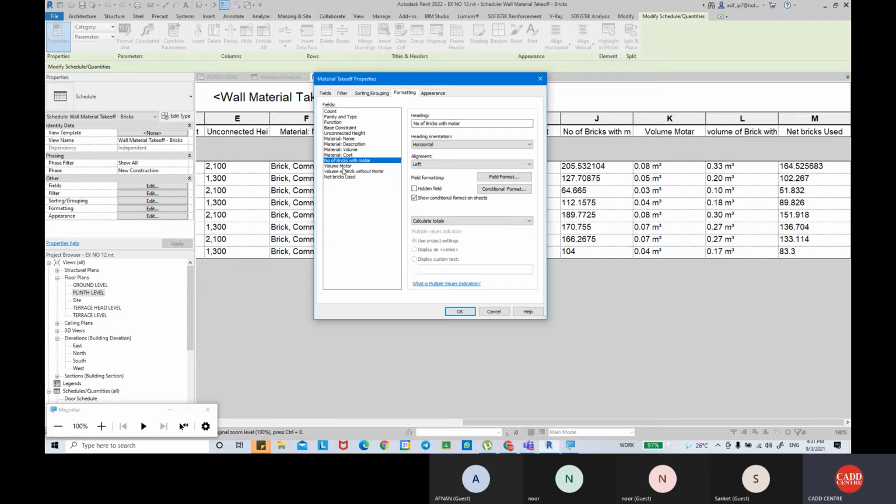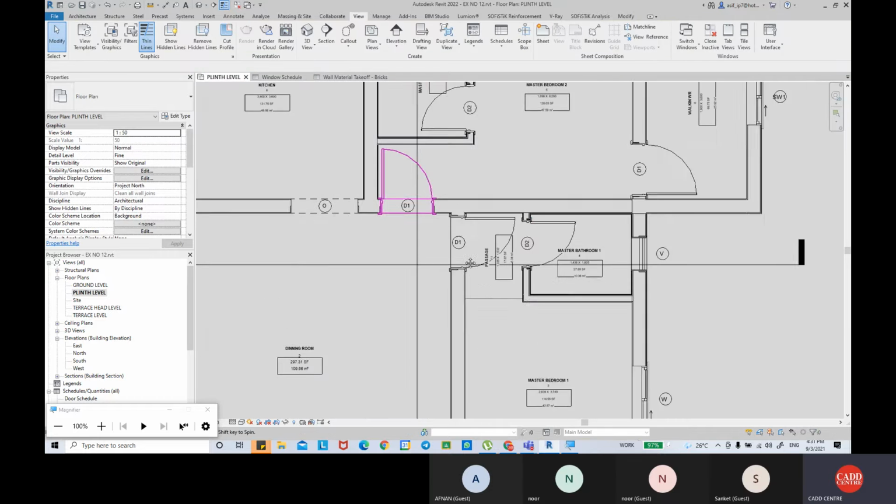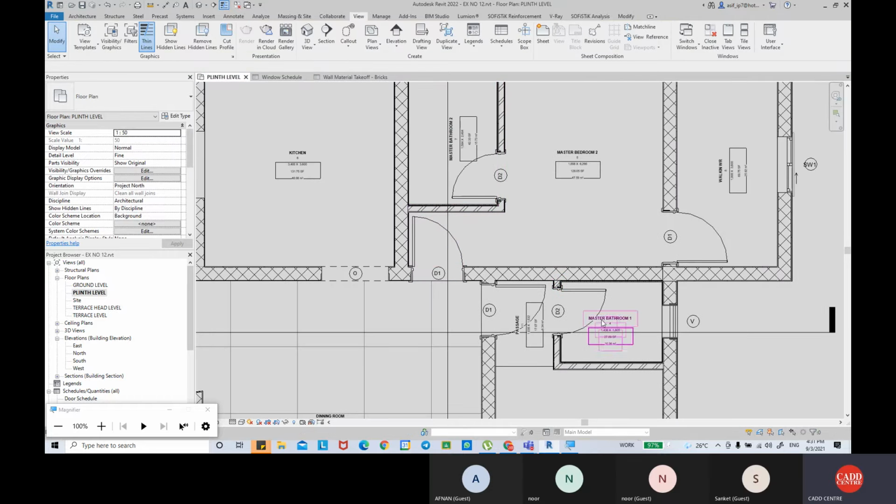So उसका volume का भी अगर आपको चाहिए तो उसका भी आप total ले सकते हैं basically. You can add all these totals there, so they'll get total for all the remaining cells. So in total we required 913.48 bricks in the project to create these mini walls basically.